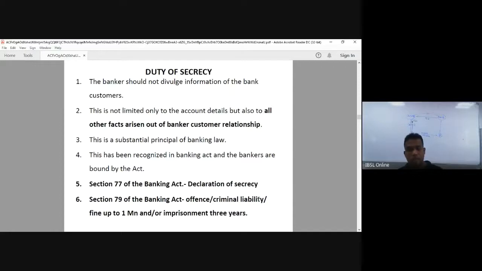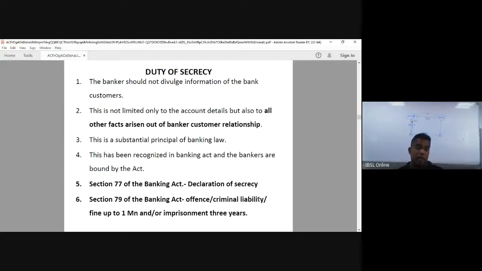So the bankers, you have signed the declaration of secrecy, knowing or without knowing. The declaration says that you are bound to obey the duty of secrecy, and you are not going to divulge any information of the customer to any third party without the consent of the customer. So that is section 77.